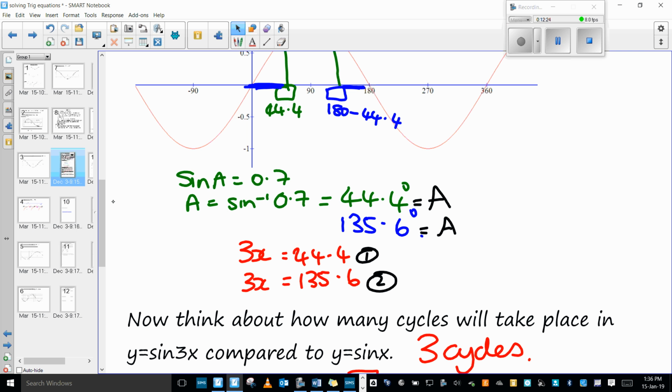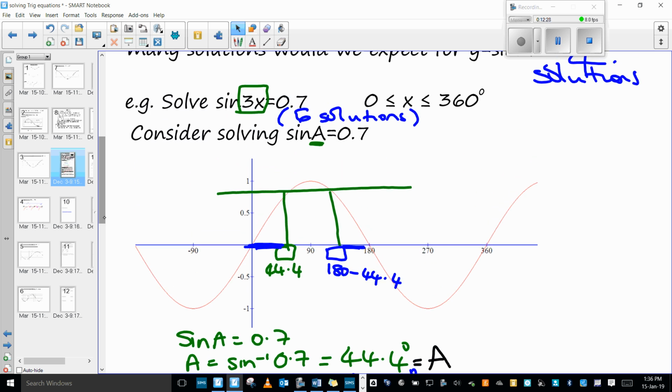I'm more concerned that you understand what we did and why we did it for this question, because we're now going to do similar things for other questions. We saw that it said 3x, so we knew we needed more solutions. We pretended that it was just x, sketched our normal sine curve, and found our 2 solutions. But because we need 6 solutions, we need to find loads more.